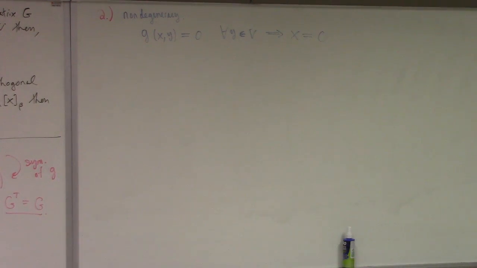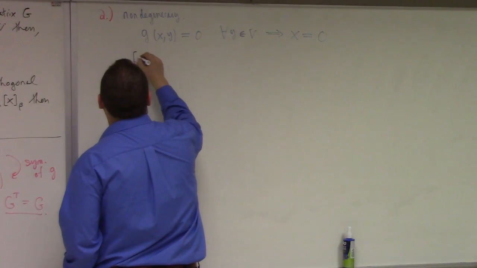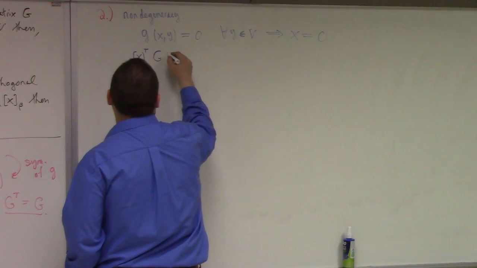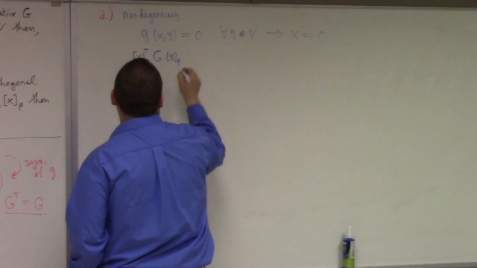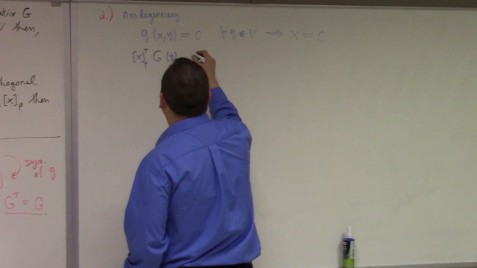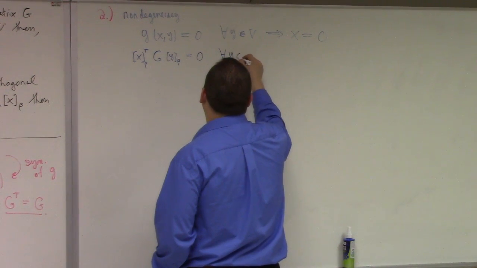So I'm going to trade that given condition for a corresponding condition about a matrix, because matrices are the world that I know. It's our happy place. So I can rewrite this as x beta transpose G y beta. I was suffocating in the notation I was using for this last time, part of the problem. This is equal to 0 for all y.